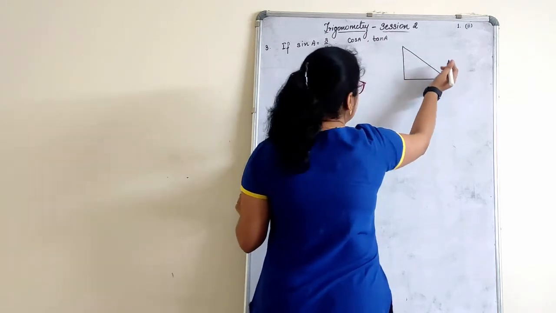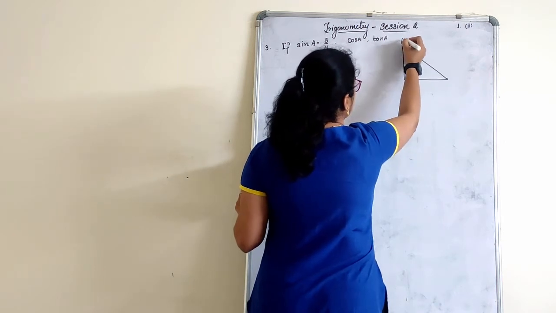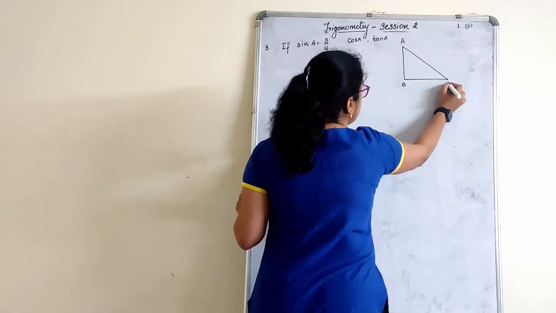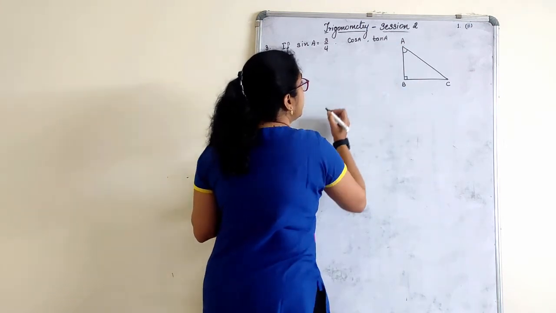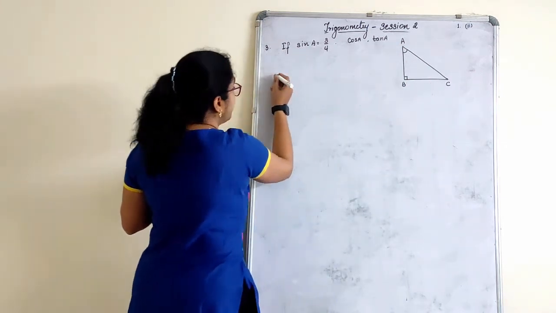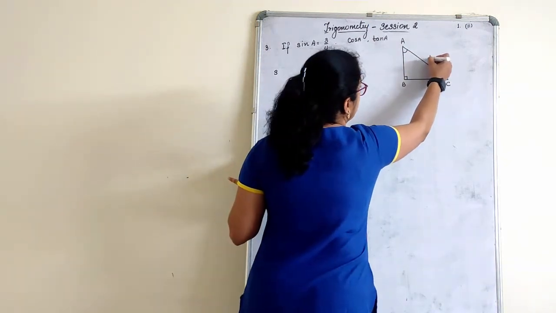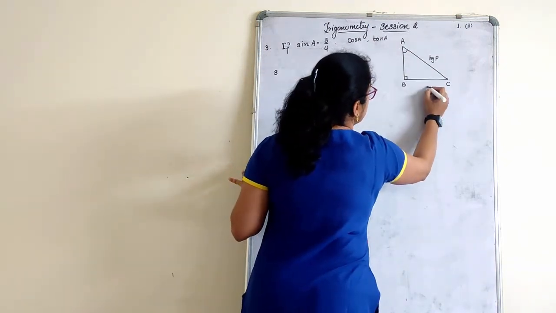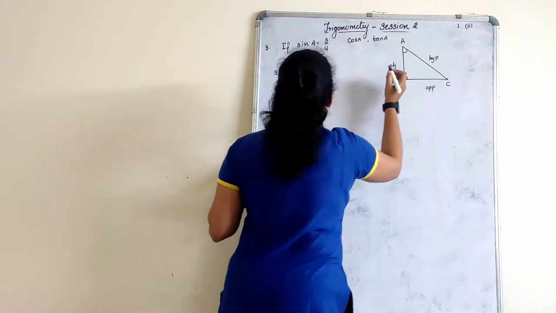Sine A, right? So A can be any angle. Let me take A here. So this is A, this is B, and this is C. Okay, we're talking about sine A. So I'll write here now. This is hypotenuse, this is opposite, and this is adjacent.